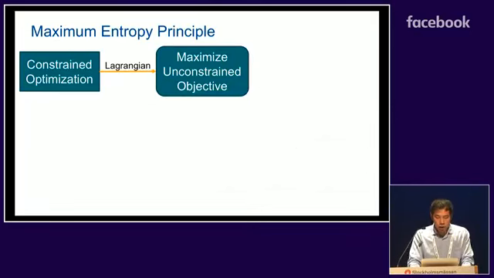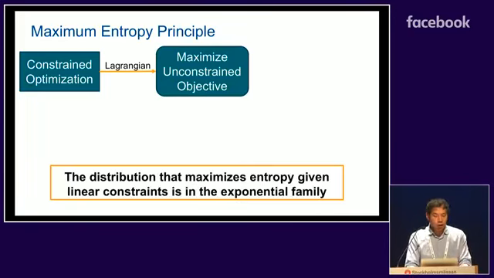Okay, so from here we could turn this constrained optimization problem into an unconstrained one by forming the Lagrangian. It's a pretty standard technique in optimization. To maximize this Lagrangian, we're going to set the gradient with respect to tau to 0, and after some derivation, we will see that the distribution that maximizes the entropy, given the linear feature matching constraint, is actually in the exponential family.